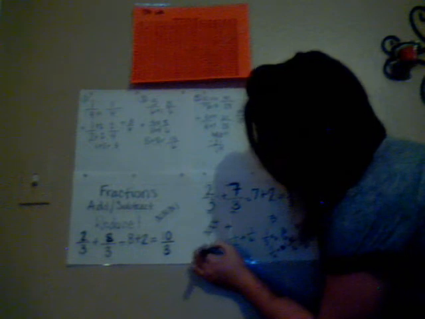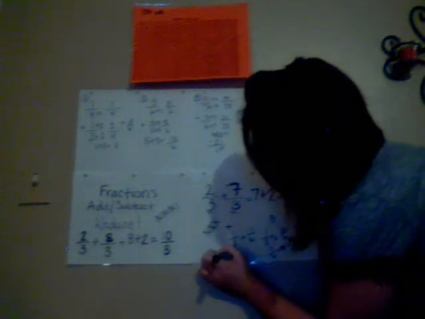And they're both even numbers. So we can see how many times we can break these down. What goes into 4 and 6 evenly? 1, 2, 3, 4. 1, 2, 3, 4, 5, 6. If it's even, 2 will usually go into it.